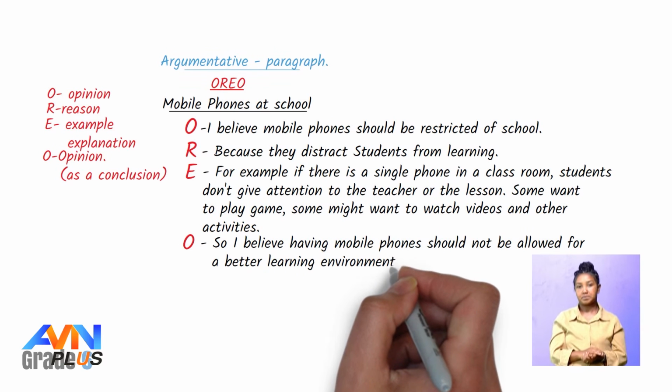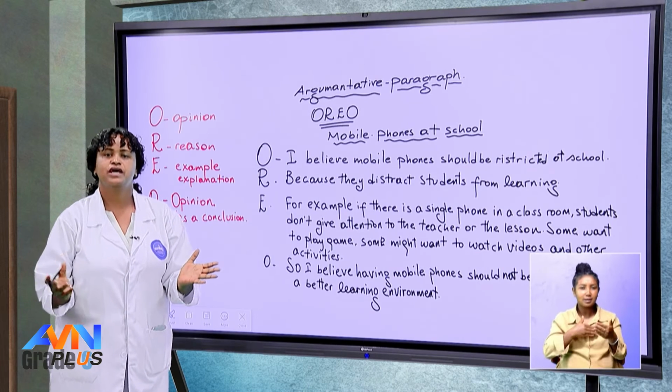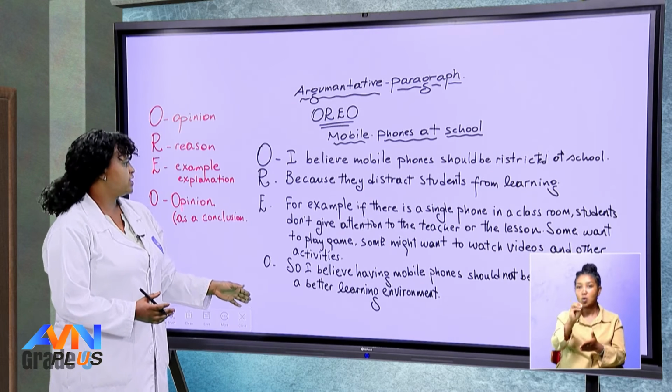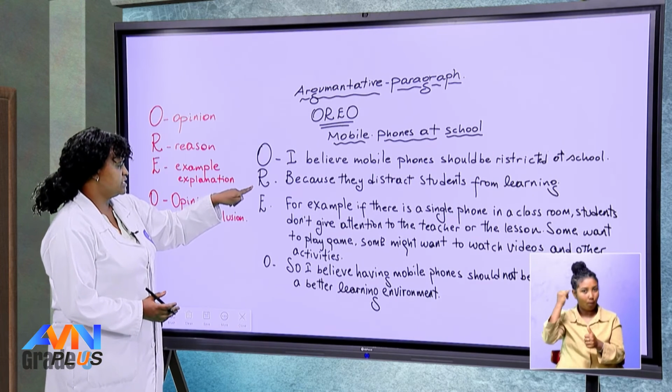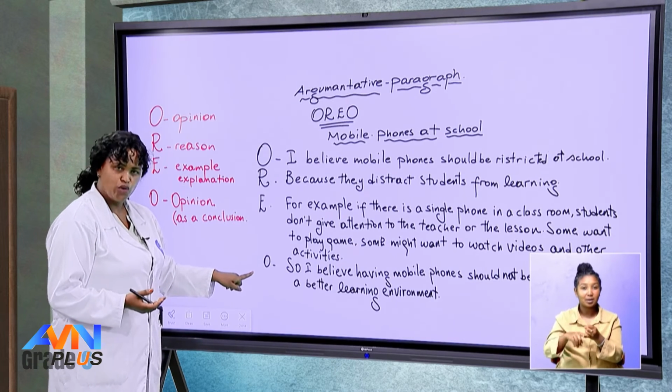Here we go. This is how we simply write an argumentative paragraph using this Oreo. You see? Opinion, reason, example, and more explanation. And then finally what? Opinion.